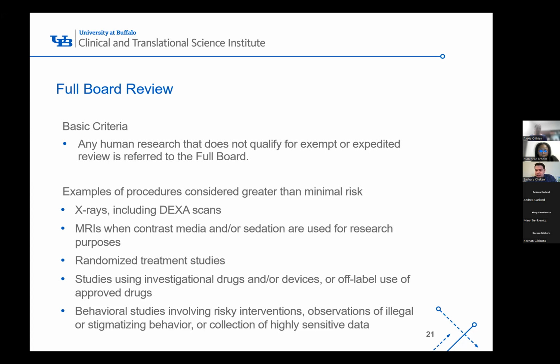Randomized treatment studies, especially with drugs and certain types of therapies as well. Studies involving investigational drugs and devices or off-label use of approved drugs, and behavioral studies involving risky interventions or observations of illegal or stigmatizing behavior, or collecting highly sensitive data from an individual.